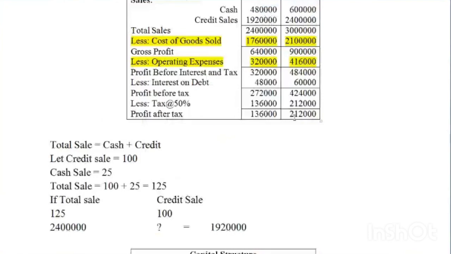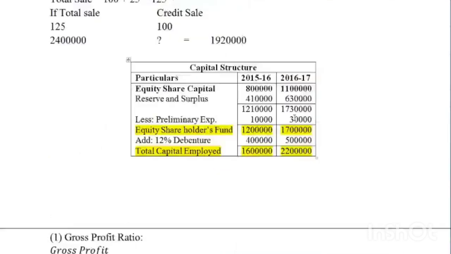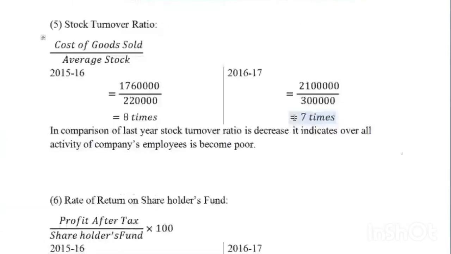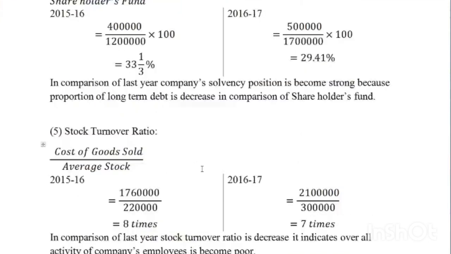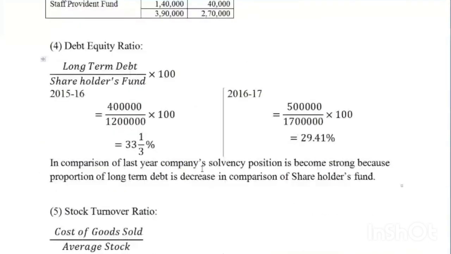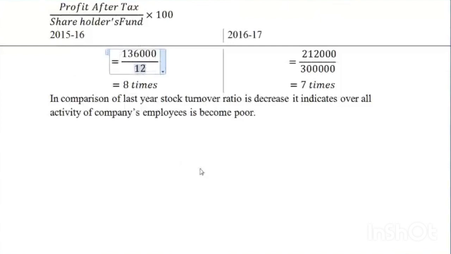First is 1,36,000 and second is 2,12,000. And shareholders fund we have already mentioned here: 12 lakh and 17 lakh.